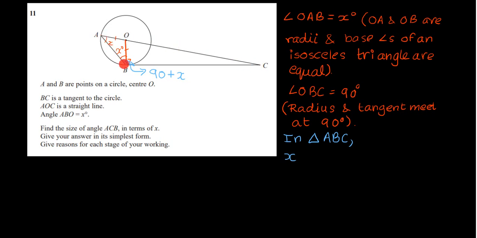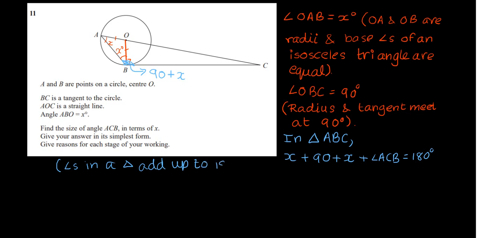So I'm looking at this x plus 90 plus x plus angle ACB equals 180 degrees. Write down the reason over here. Angles in a triangle add up to 180 degrees.